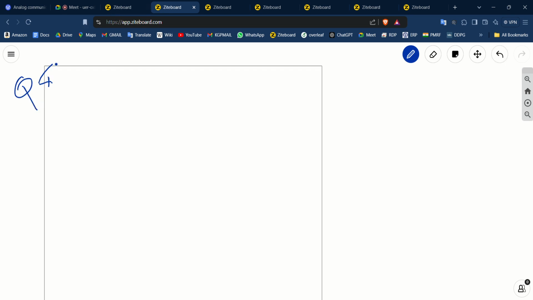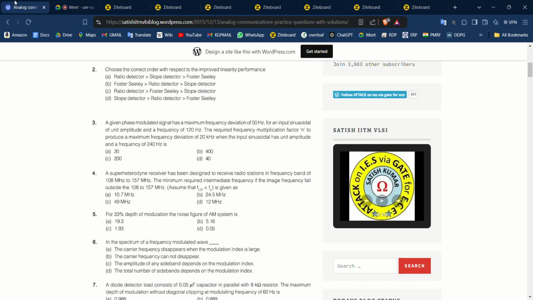Now question 4. A superheterodyne receiver has been designed to receive radio stations in the frequency band of 108 MHz to 157 MHz.